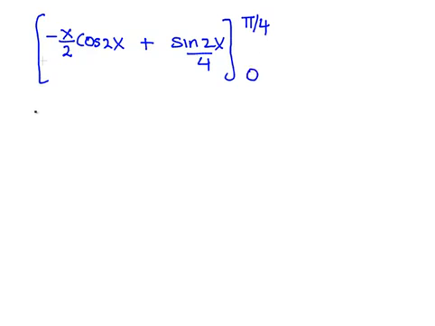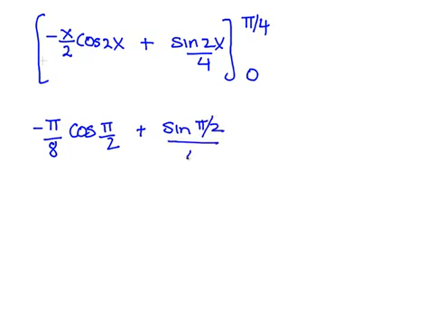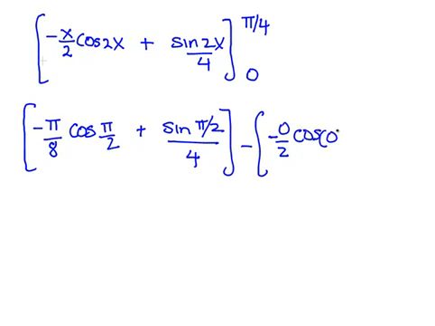Let's first evaluate for pi over 4. That is minus pi over 4 divided by 2, that's minus pi over 8, times cos of 2x, or cos of pi over 2, plus sine of pi over 2 divided by 4, minus 0 over 2 cos of 0, plus sine 2 times 0 over 4.